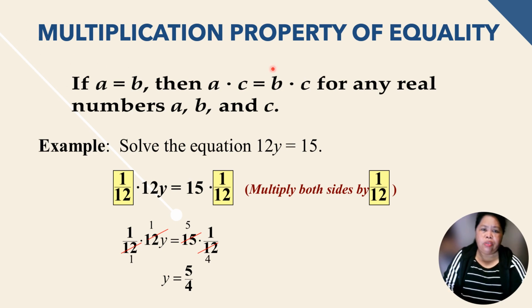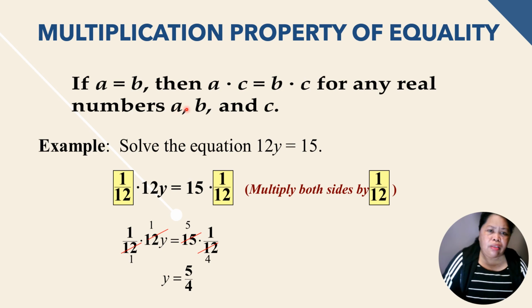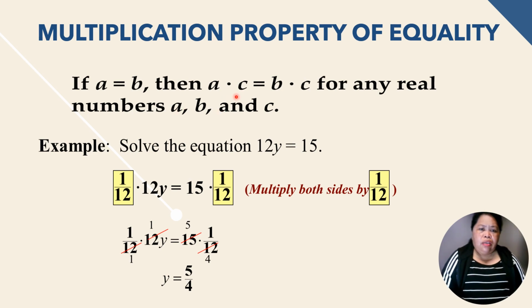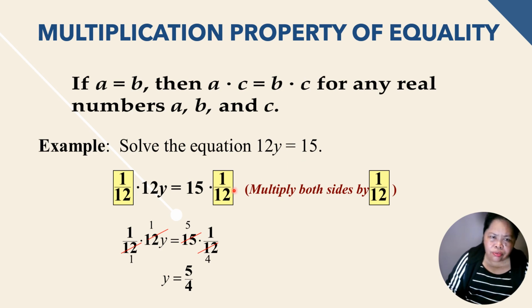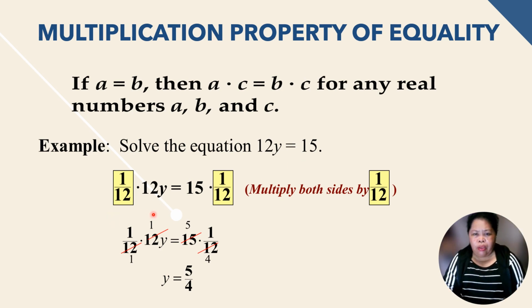Okay, so we have the multiplication property of equality. If a is equal to b, then a times c is equal to b times c for any real numbers a, b, and c. Example, solve the equation 12y is equal to 15. So we multiply both sides by 1 over 12.